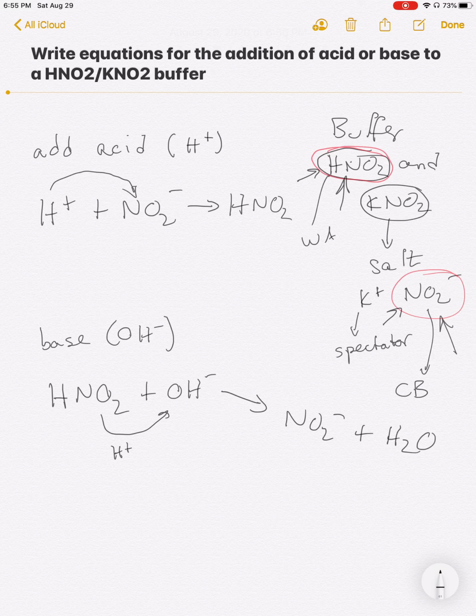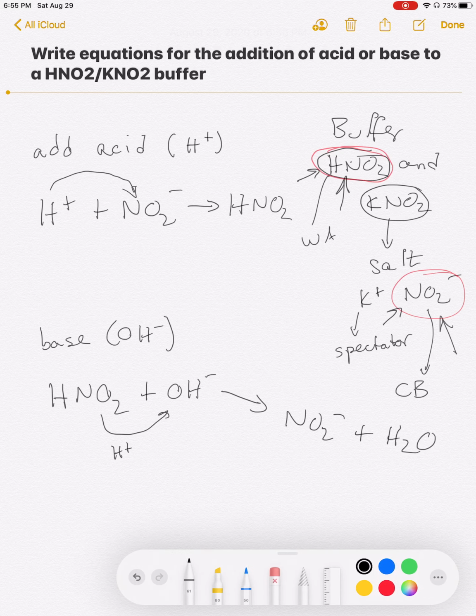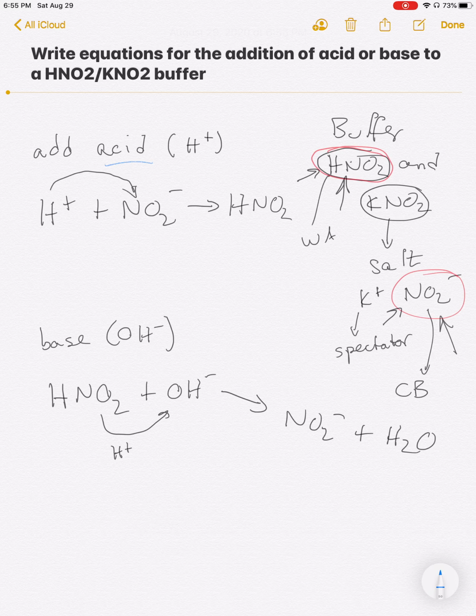Let's look and see what pattern that we can see here. When we add acid to the buffer, that acid converts the conjugate base part of the buffer to the conjugate acid part of the buffer.